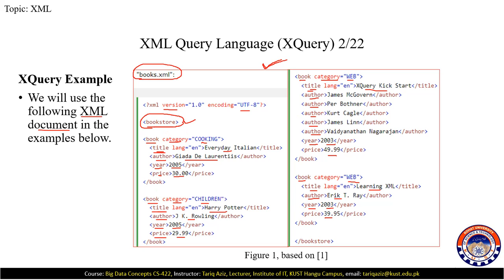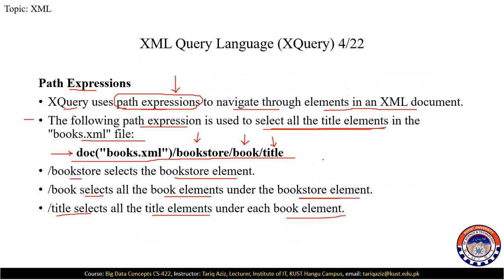Then under the book elements we have title elements. So if you look at the title elements, they are under the book element. Now if we want to retrieve all the titles, then this is the query. You have to write the query like this.